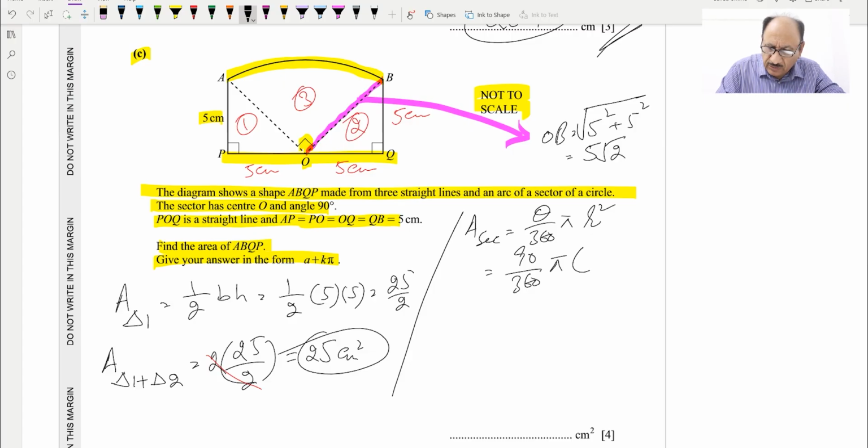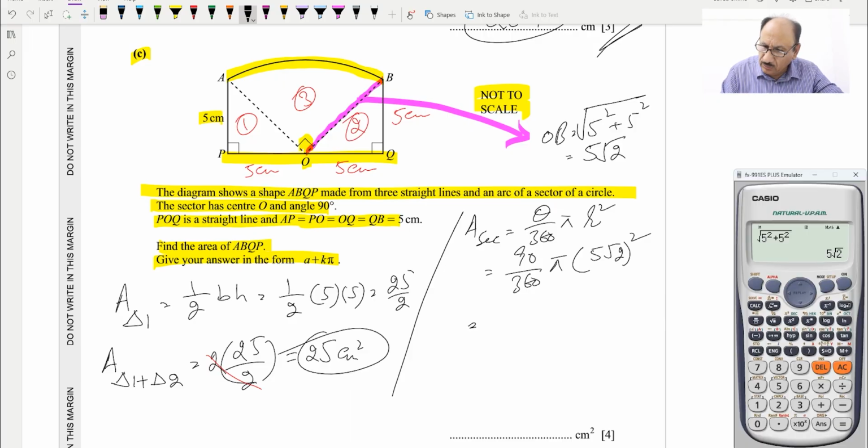which is 5 root 2. So this will be 5 root 2 square, and now we can calculate the whole thing, which is 90 over 360 multiplied by pi and multiplied by bracket 5 root 2 squared, and this is equal to 25 by 2 pi.